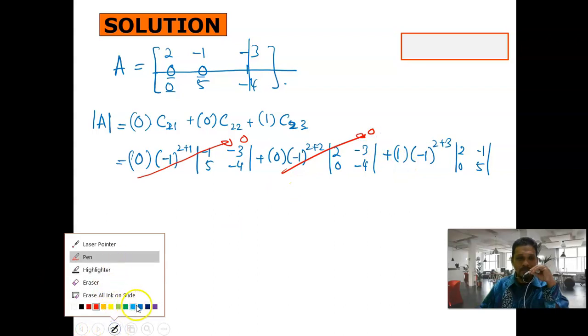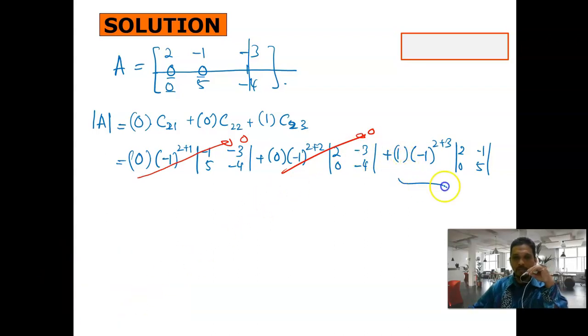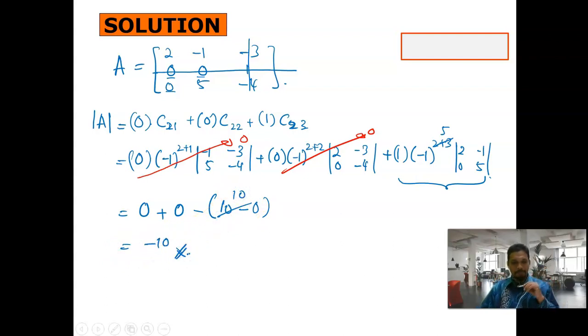So we may just focus on this one part only, which is 0 plus 0, and then -1 power of 2 plus 3 equal to 5. -1 power of 5 is negative. And then for this one here, 2 times 5 equal to 10 minus -1 times 0 equal to 0. So then it is 10 here, -10. Okay.